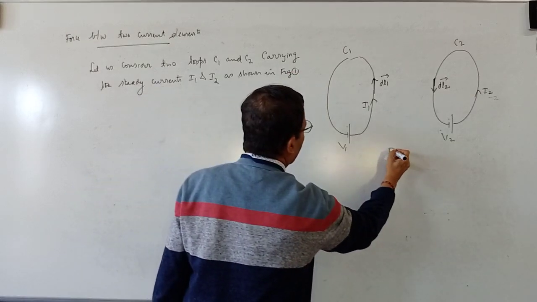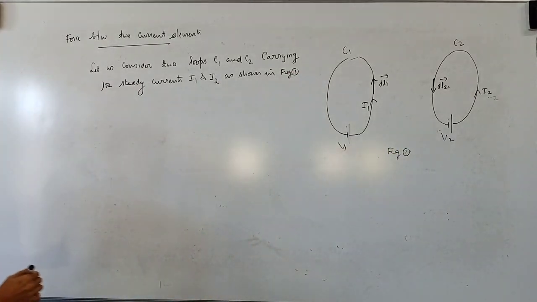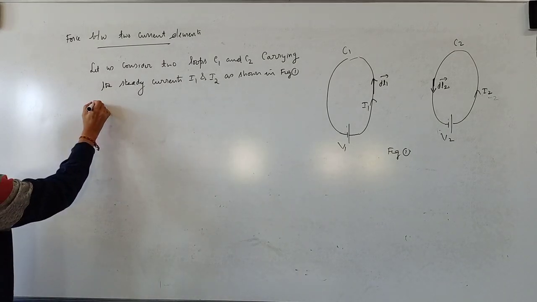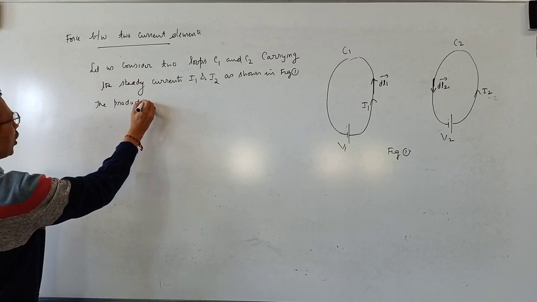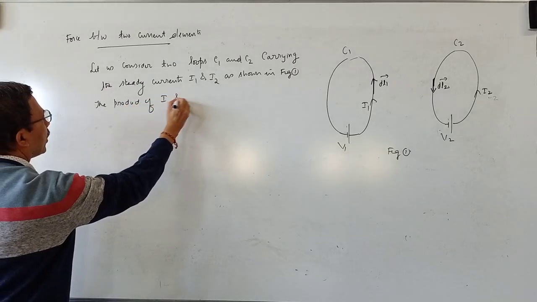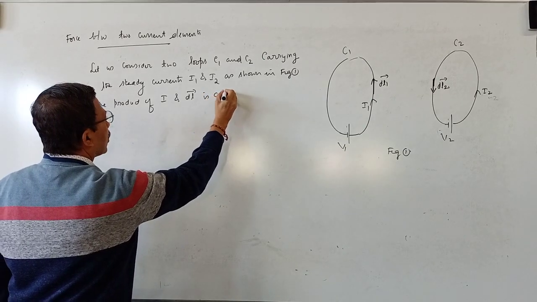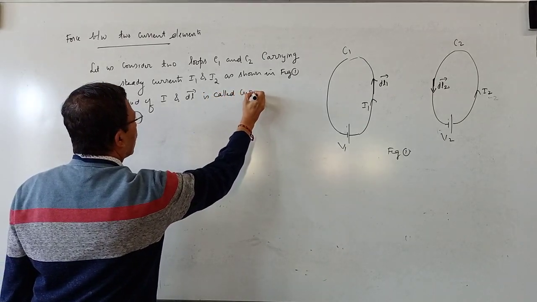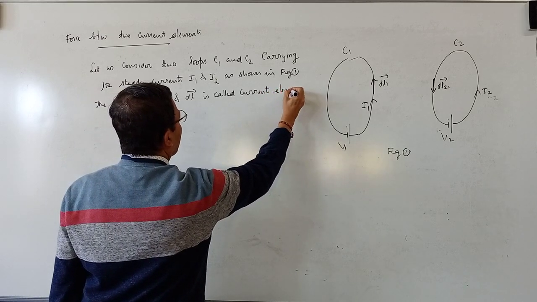This is figure 1. The product of I and vector dl is called current element.